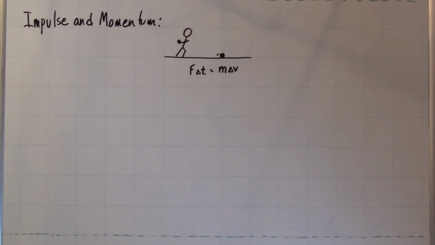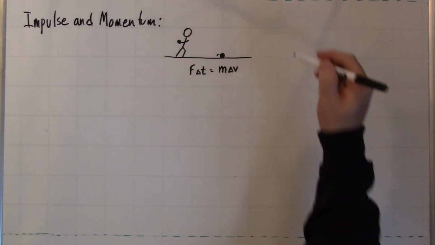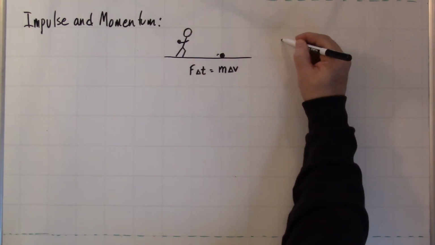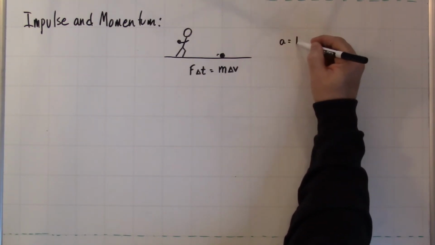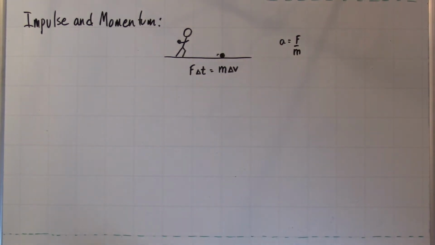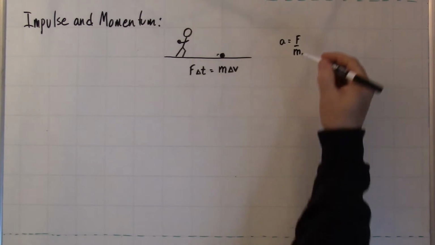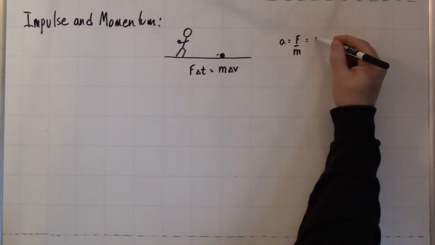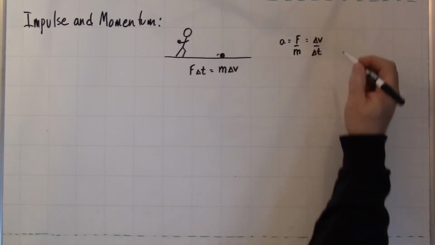That's actually not that crazy of a concept. We've been talking about that for a couple of months, normally in terms of acceleration. We say, oh, well, the acceleration is the force divided by the mass. That's Newton's second law. But as we saw, acceleration is also the change in velocity divided by the time that the velocity is changing.